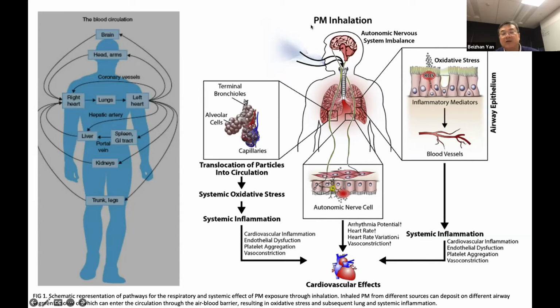Particulate matter, PM, after inhalation can cause harm. Research already shows PM 2.5 was associated with mortality and morbidity. It can cause oxidative stress and systemic inflammation, and basically cause death. In the epidemiological data, the higher the PM 2.5, the higher the mortality rates for the elderly.